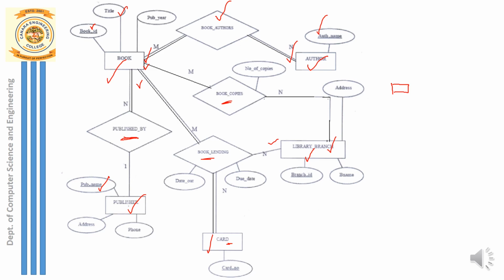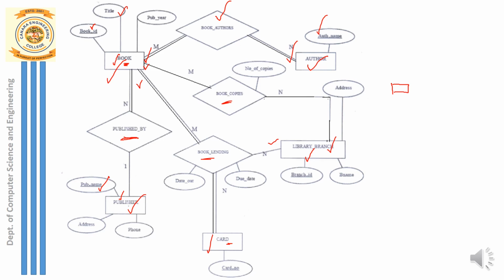In other words, a book must be published by a particular publisher. There cannot be a book which is not published by any publisher, right? Take a DBMS book, for example, or a Navathe book, or a Computer Networks book, or an ATCI book. All these books must be published by one publisher or another.